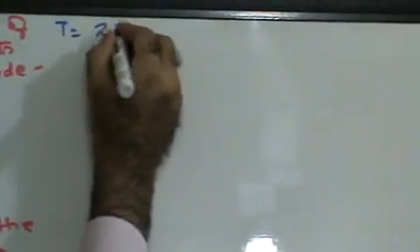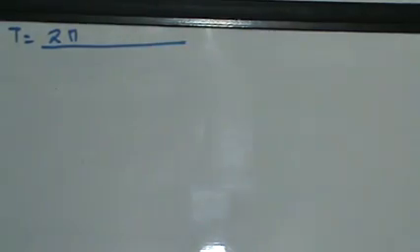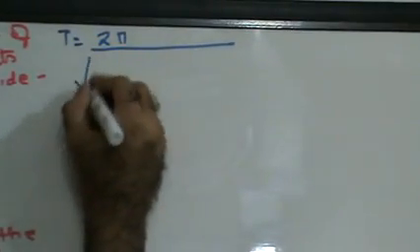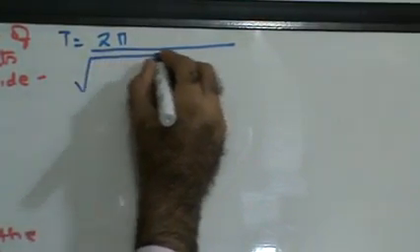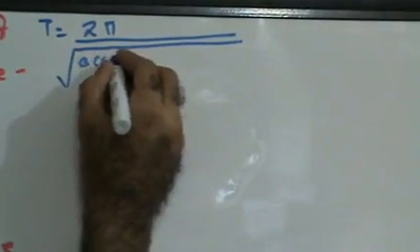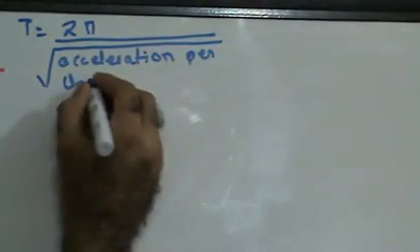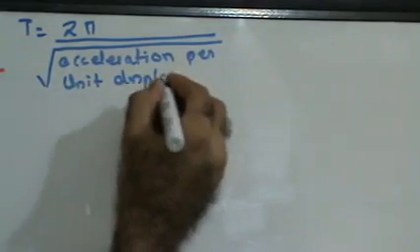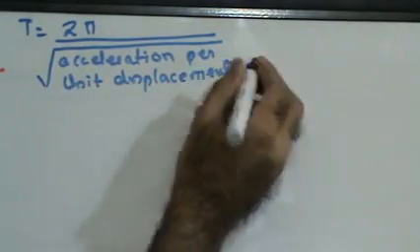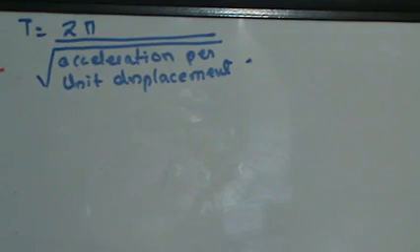Hence I can say that T is equal to 2 pi upon omega. Omega is square root of acceleration per unit displacement, right? So that is the expression for time period of a particle performing SHM, right?